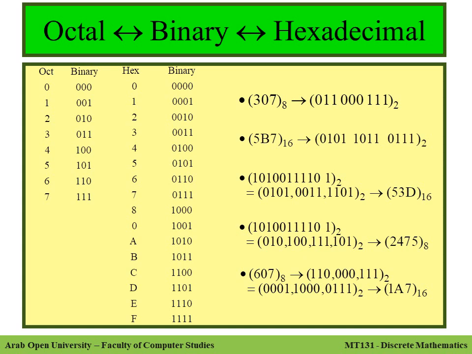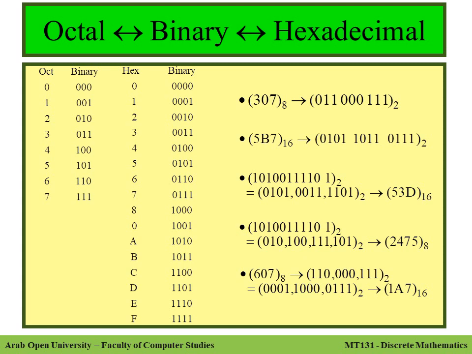Now replace from the same table each 4 digits in base 2 by 1 digit which is equivalent to it from base 16. For example, the first group, 1101, from the table is equivalent to D, so you can replace it by D. The next group, 0011, is equivalent to 3, so just replace it by 3.